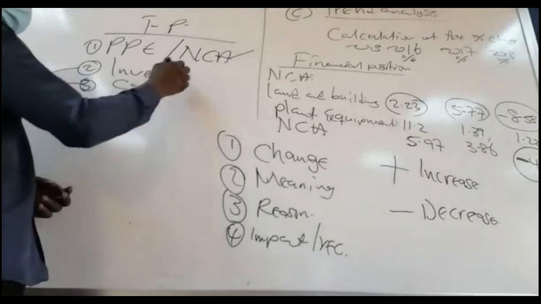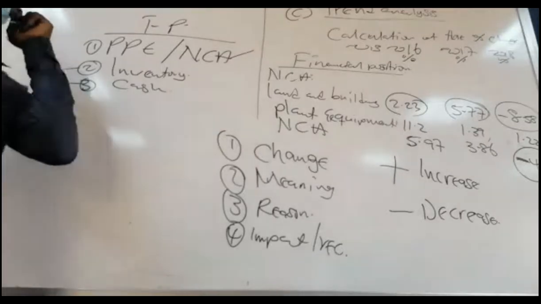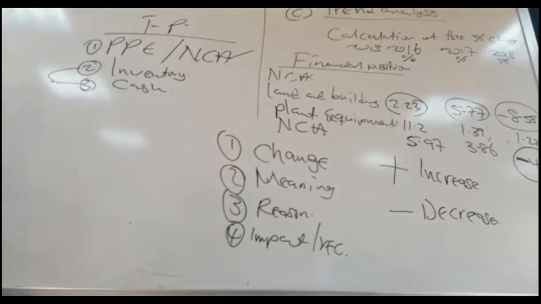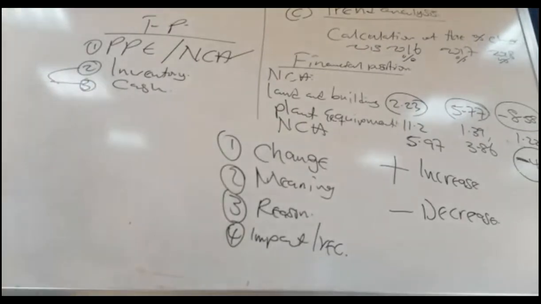Here, your current assets should be moderate, not too increasing, not too decreasing. Because if you don't keep adequate current assets, you can't get funds to settle your current liabilities. So that's section 2.